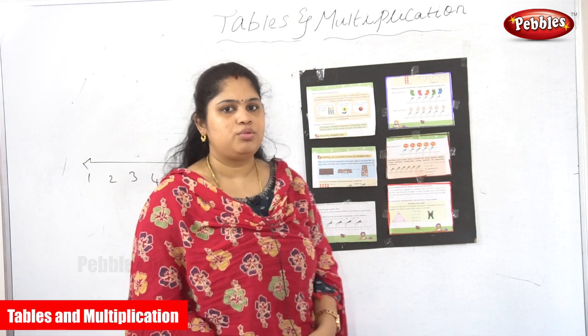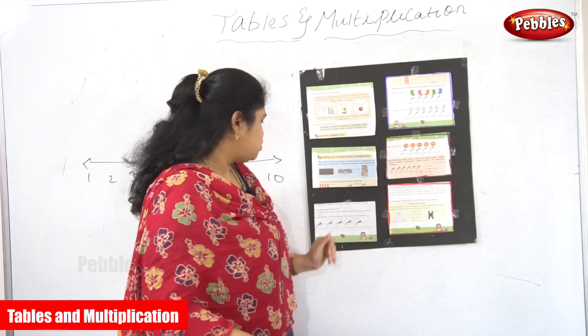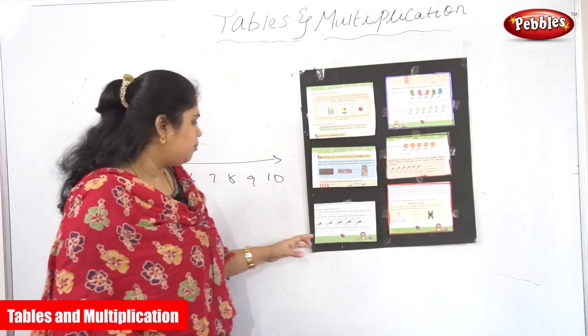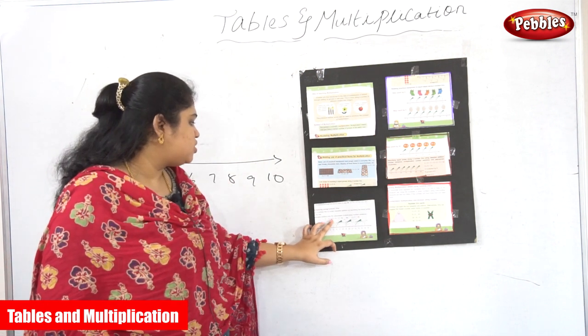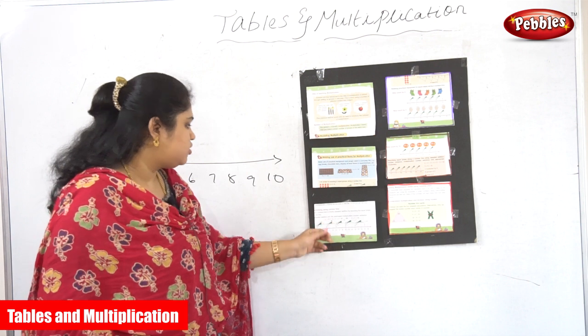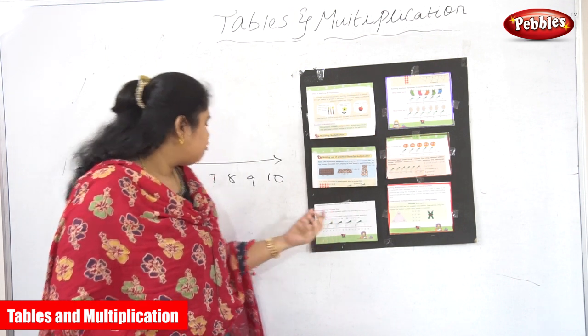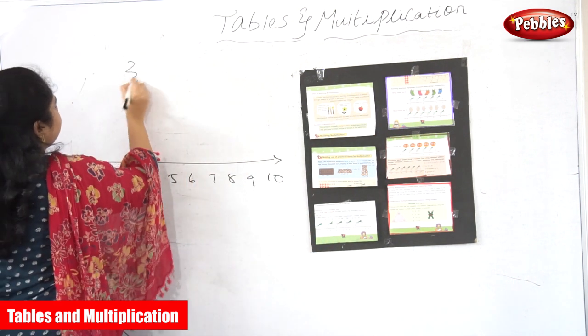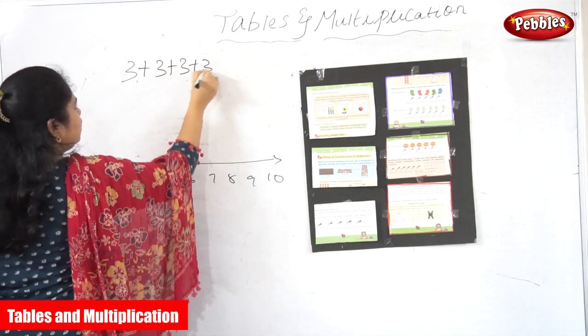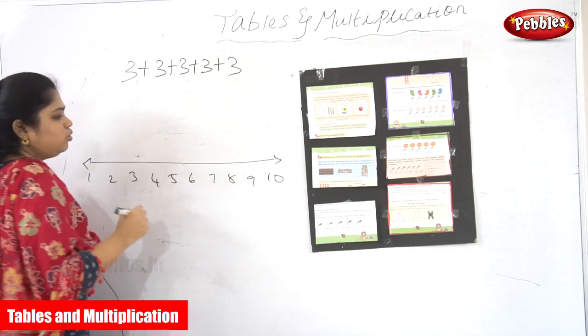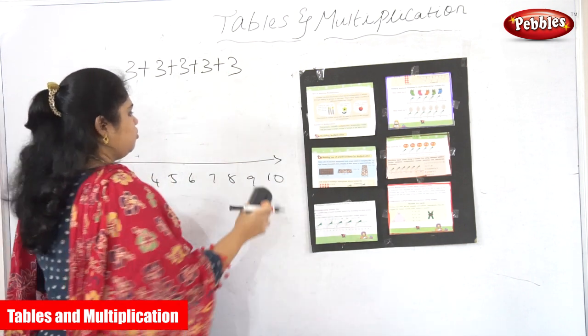In addition also you will perform it, and multiplication also we can perform. See here, 3 plus 3 plus 3 plus 3 plus 3. How many 3s are written? 5 3s are written. Now we want to calculate the answer.